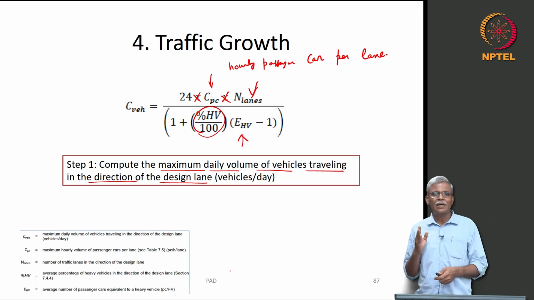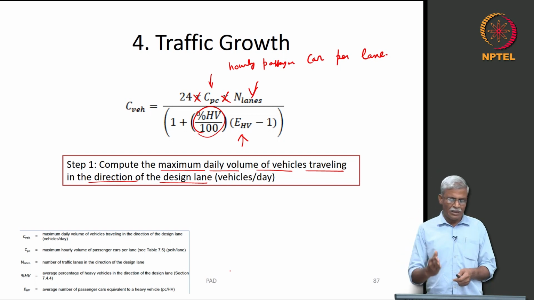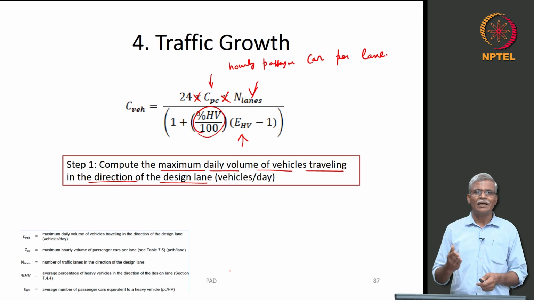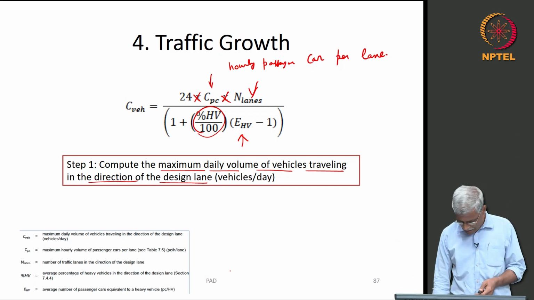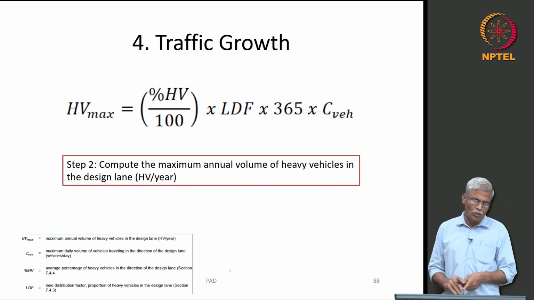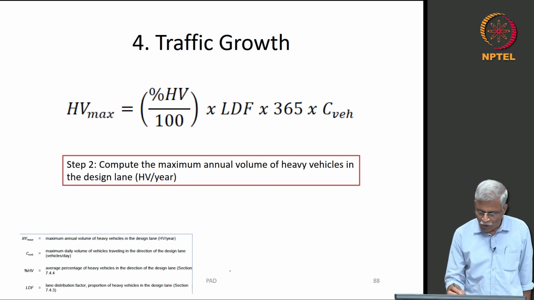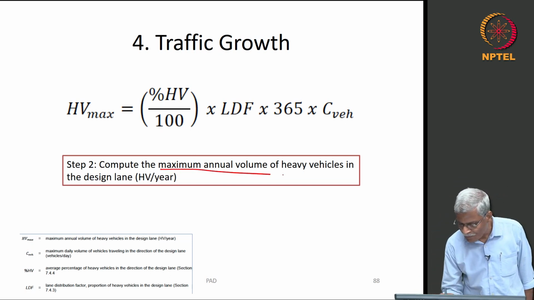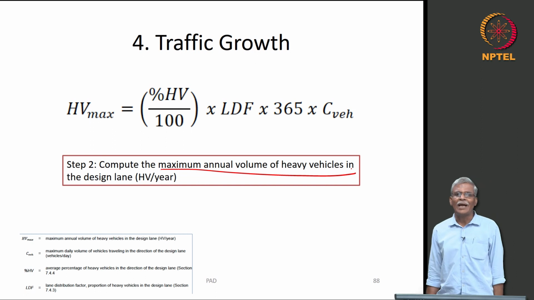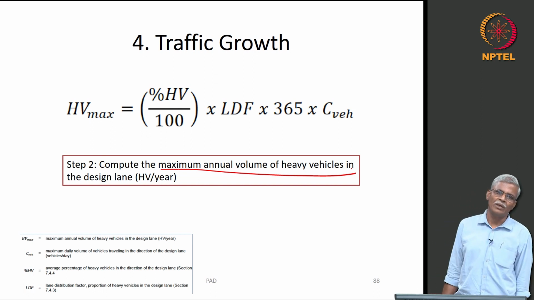You are basically computing the maximum daily volume of the vehicles that are traveling in the direction of the design lane. The next step is to use this information to compute the maximum annual volume of heavy vehicles in the design lane.